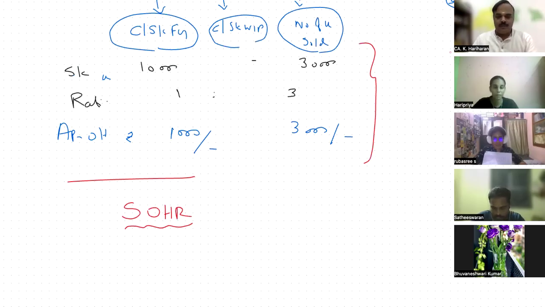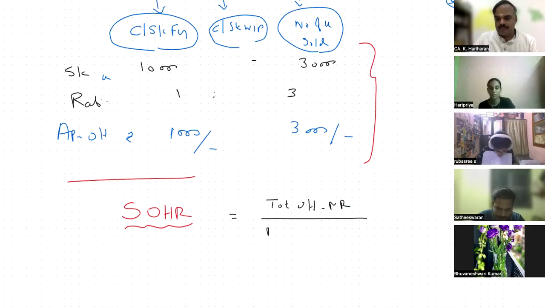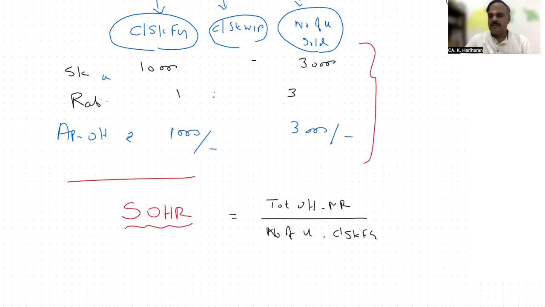Supplementary overhead rate is equal to total overhead due to normal reasons, divided by the number of units of closing stock of finished goods plus closing WIP stock plus the number of units sold, that is, the number of units of all the stock.